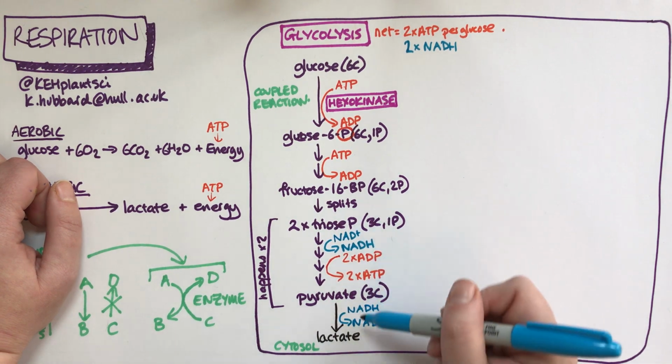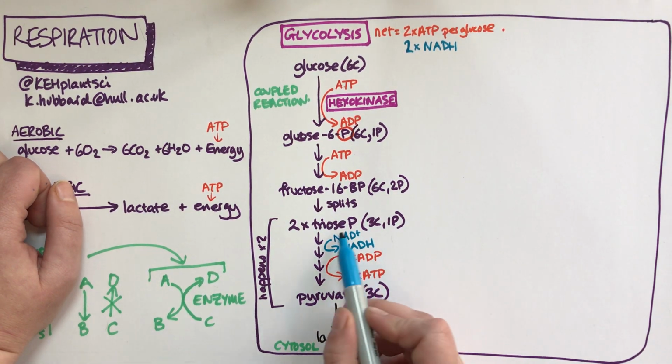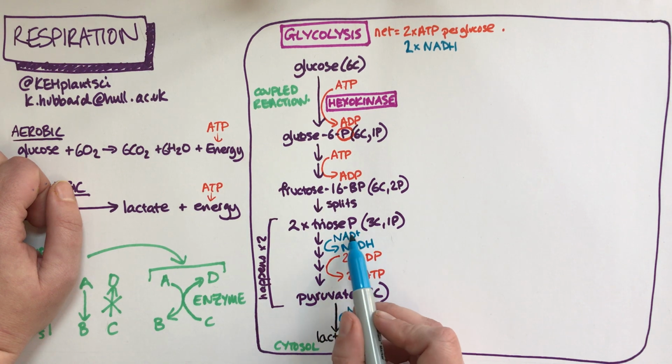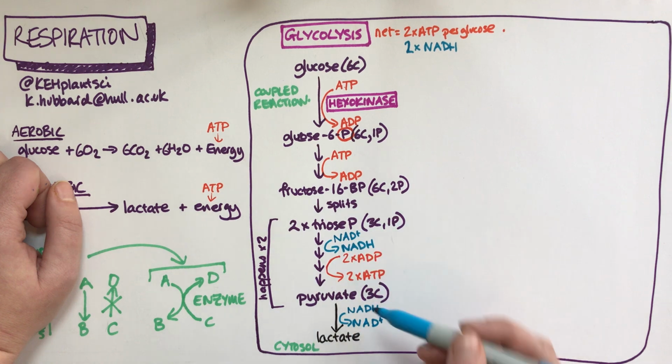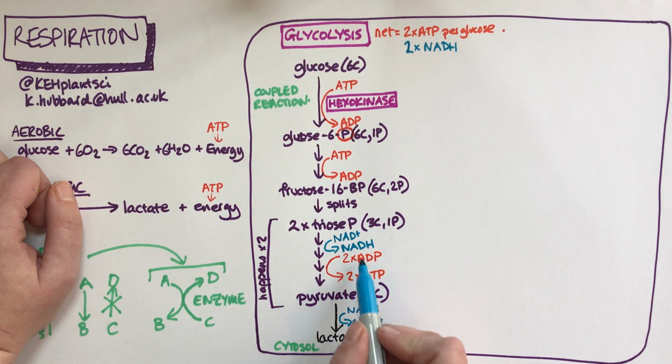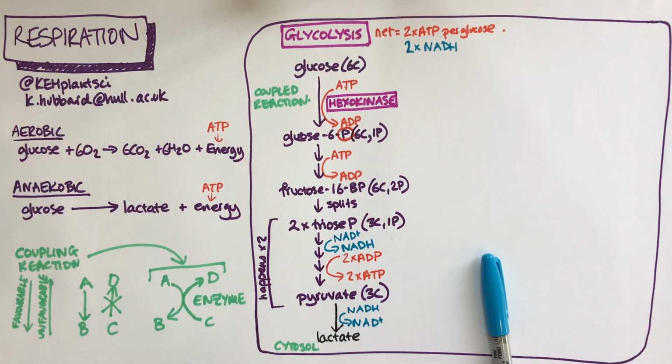So basically what's happening is reversing there. If we have all of the NADH, all the NAD+ has been used up, then we can't make NADH and we can't get any more energy out of it. So what this does is to break down some of that NADH.